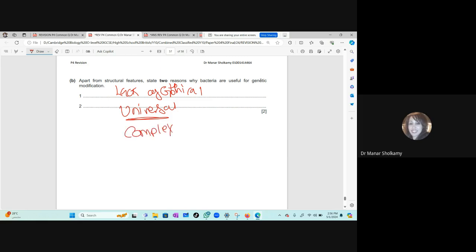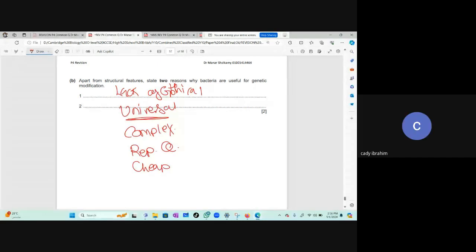Yes. Give me all the reasons that you know of. Easy to store. Yes, easy to store. You mean they reproduce quickly and they're cheap? Yes, okay. And they're cheap. And what else? Did we miss anything? Yes, they have something very important that is only found in bacteria that can be transferred. Excuse me?